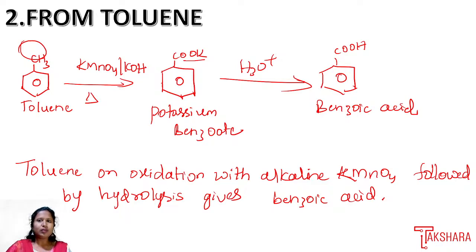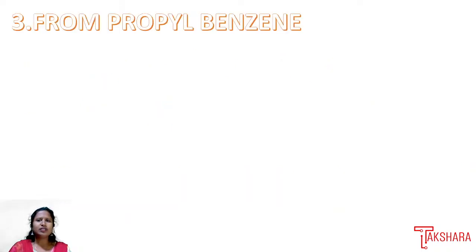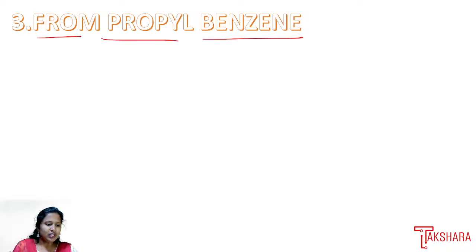Next we'll move on to the next reaction, that is from propyl benzene. Let us see how to prepare the carboxylic acid by using propyl benzene.